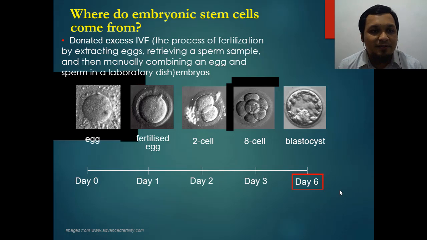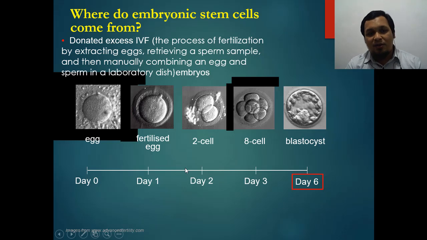So where do we get it? Mostly, we get it from the donated excess of IVF, which is in vitro fertilization. In in vitro fertilization, most of the time the researchers make more than one embryo, and the unused embryos can be donated for embryonic stem cell, which comes from in vitro fertilization.